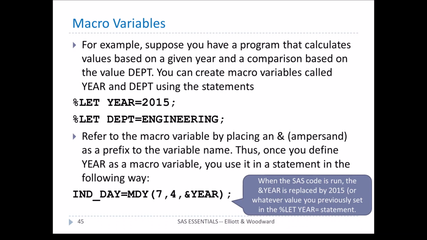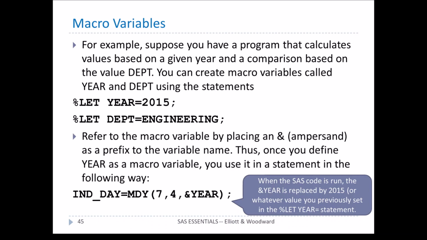Now we refer to those macro variables by placing an ampersand as a prefix to the variable name in some SAS code. Thus, once I've defined these macro variables at the beginning, I can then use them somewhere in my code. For instance, here's one called INDday equal to month, day, year: 7, 4, and then &year.